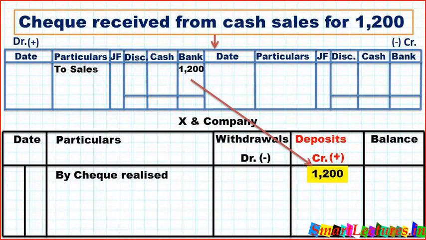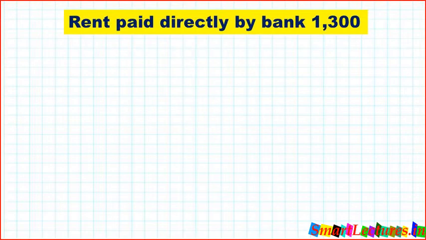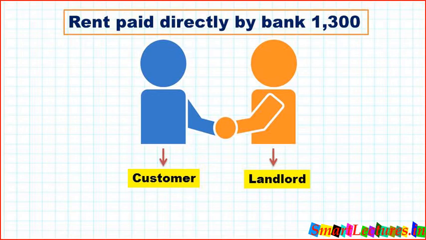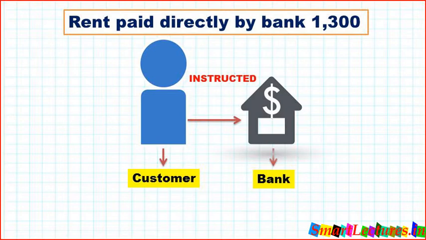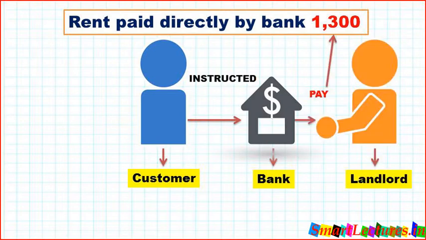Number 4, rent paid directly by bank 1300. It means actually the rent is to be paid by the customer to the landlord. So we can assume safely that the customer instructed the bank to pay 1300 to the landlord on behalf of customer.